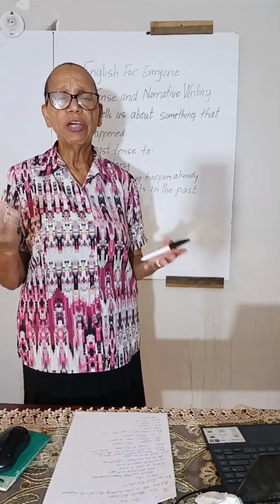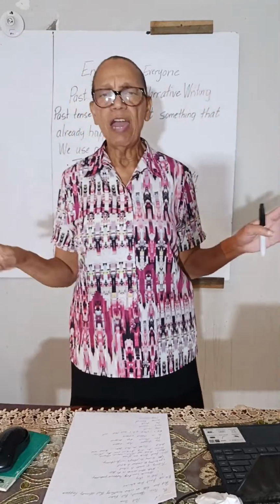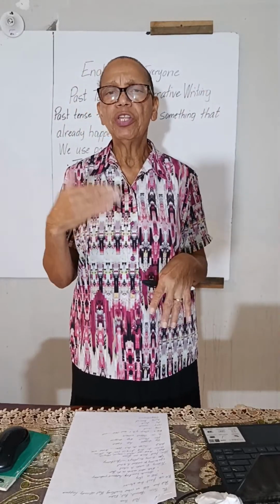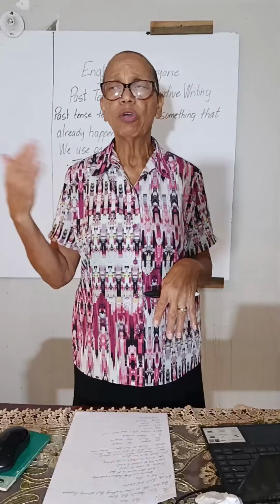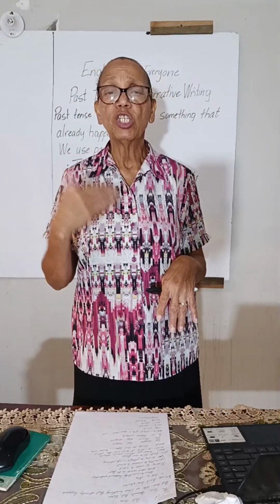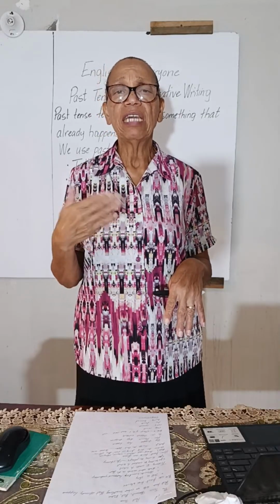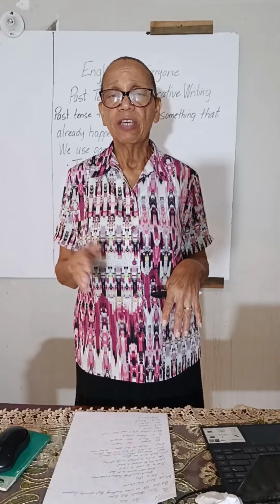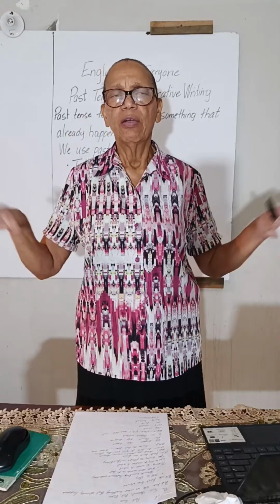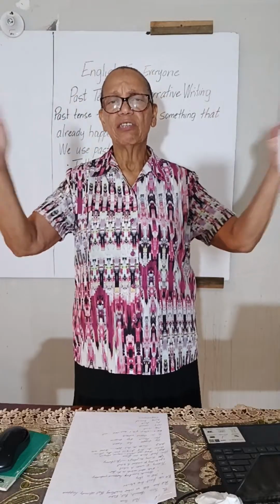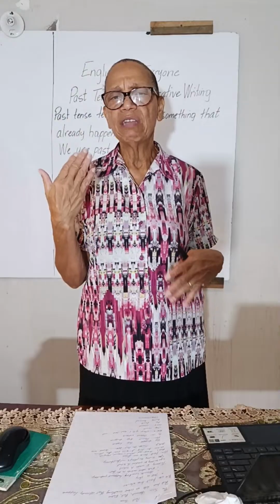We call all of them narrative, so narrative is the big name for everything. Under narrative, you can have personal narrative, narratives about other people, fictitious narrative, short stories, tales, fables, all sorts of things. But the word that covers everything is narrative.